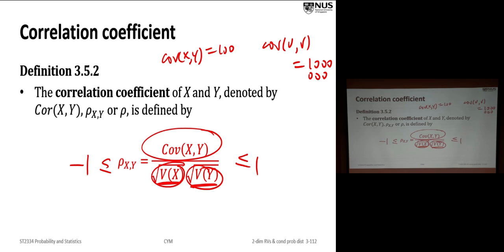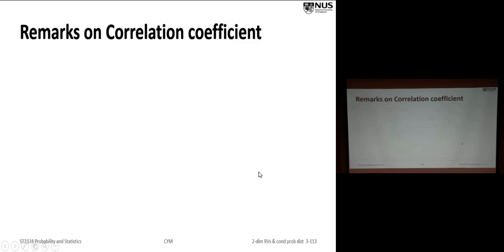So in order to fix this problem, we adjust the scale. We divide by the standard deviation of x and the standard deviation of y. By doing that, we come up with a quantity which does not depend on the scales or magnitude of x and y. So it has to be between -1 and 1. And this is called the correlation coefficient of x and y.